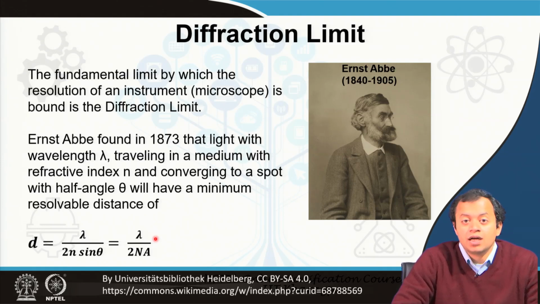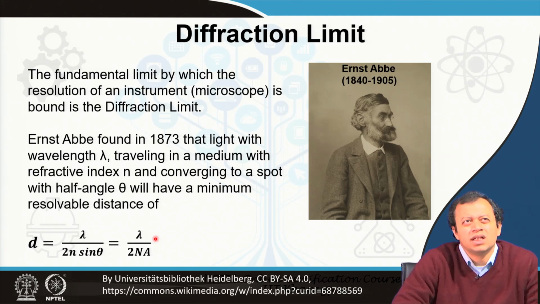What is the significance of that? Say you have a laser with a wavelength of 500 nanometer, visible, around green light.